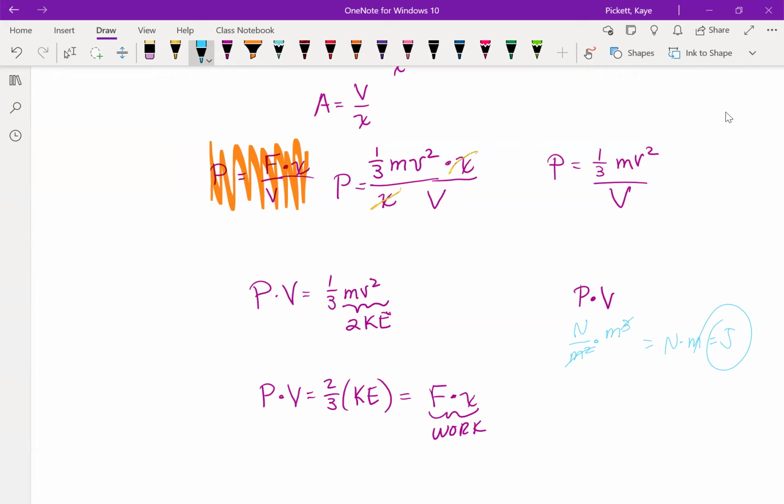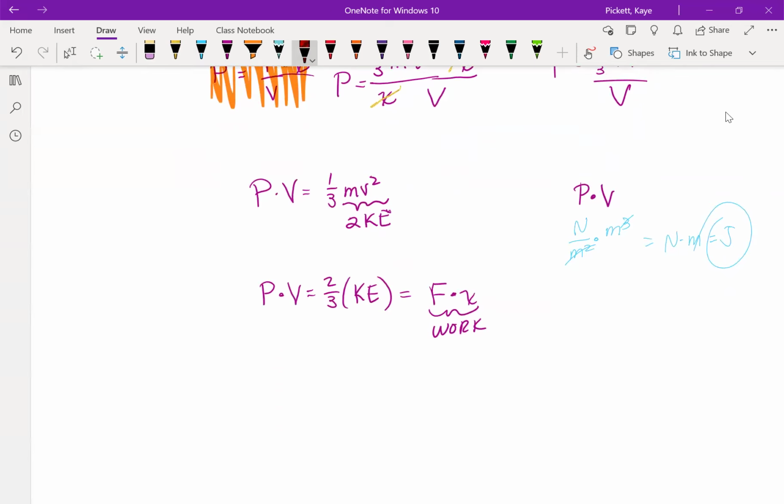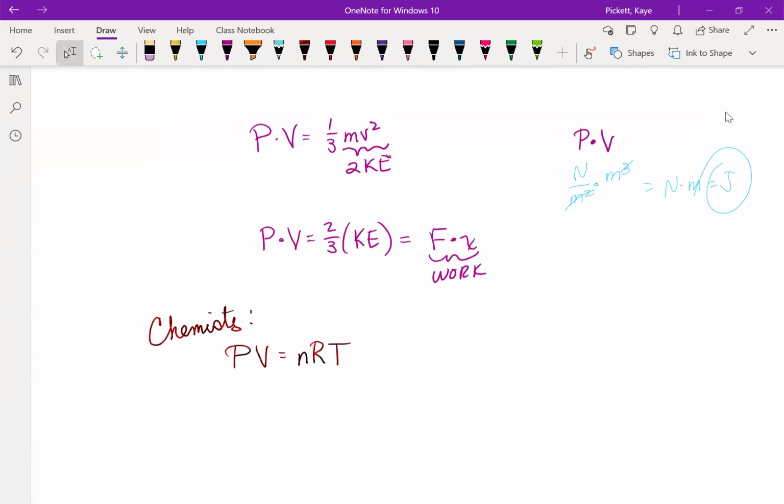Now, all you chemistry people, you are thinking to yourselves, but wait a minute. Pressure times volume, PV equals nRT, because the chemists tell us PV equals nRT. Now, chemists did this by experiment.